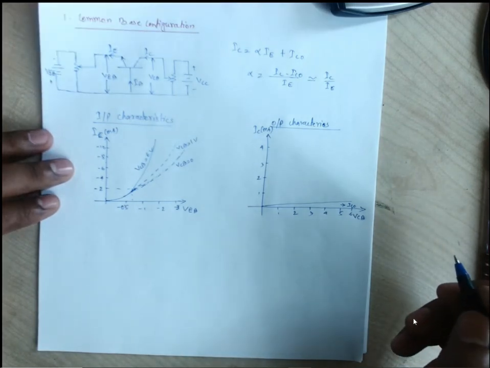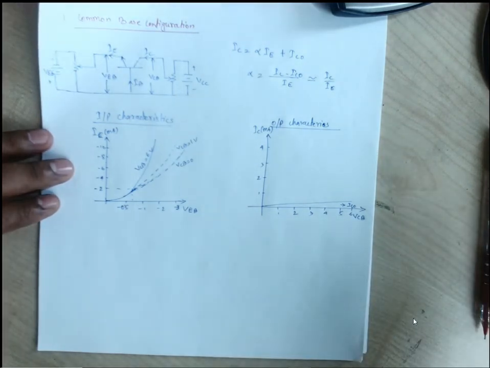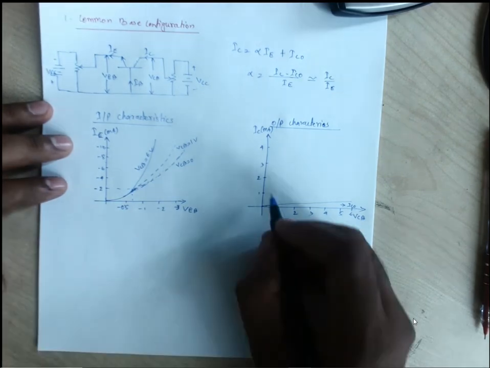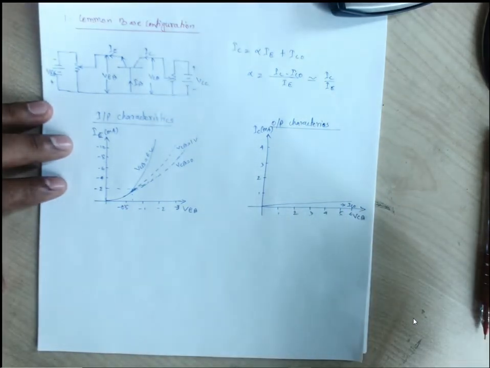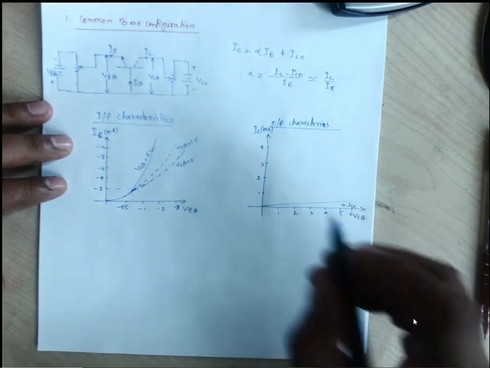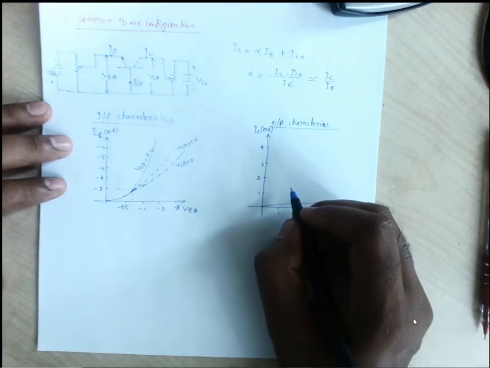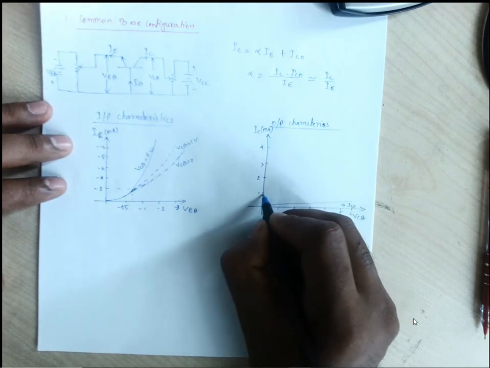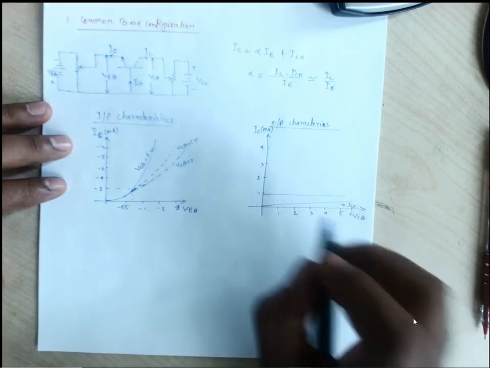Now if we increase this IE, that is, input current is there, so with the increase of IE, IC will be there, but it is less than IE. So if IE is 1 milliamp, IC will be less than 1, something like this.